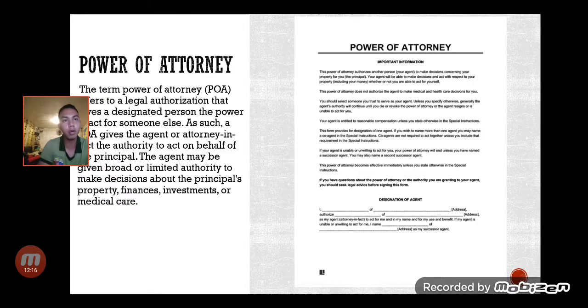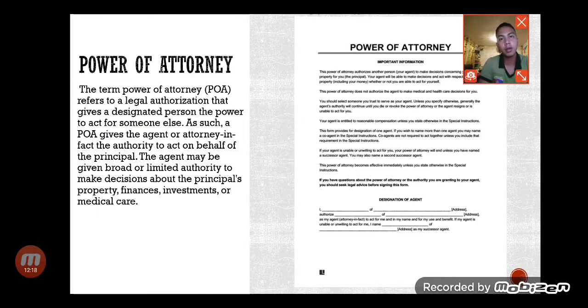So next is called the power of attorney. The term power of attorney refers to a legal authorization that gives a designated person the power to act for someone else. As such, a power of attorney gives the agent or attorney-in-fact the authority to act on behalf of the principal. The agent may be given broad or limited authority to make decisions about the principal's property, finances, investments, or medical care.